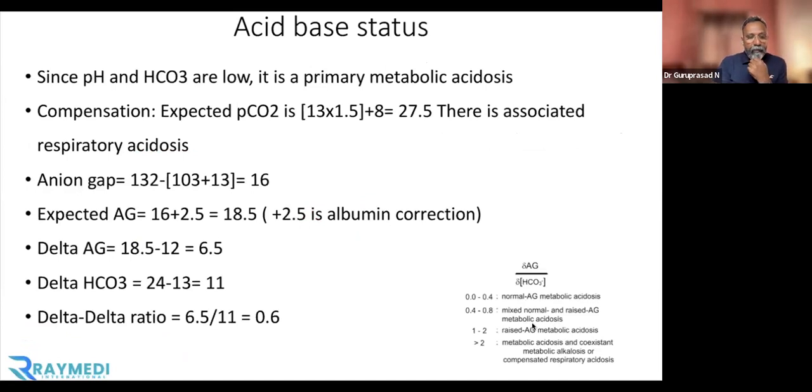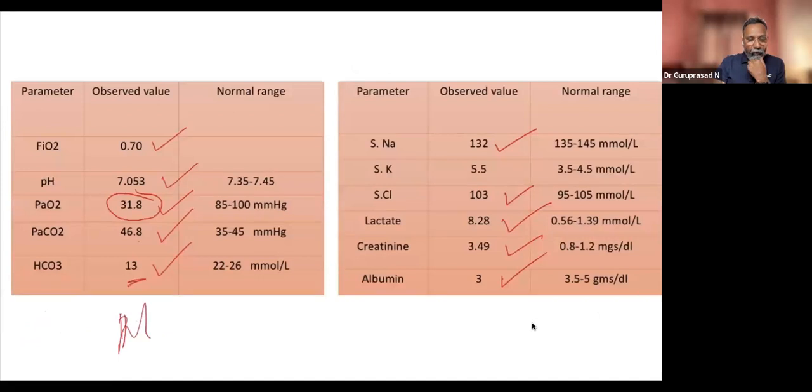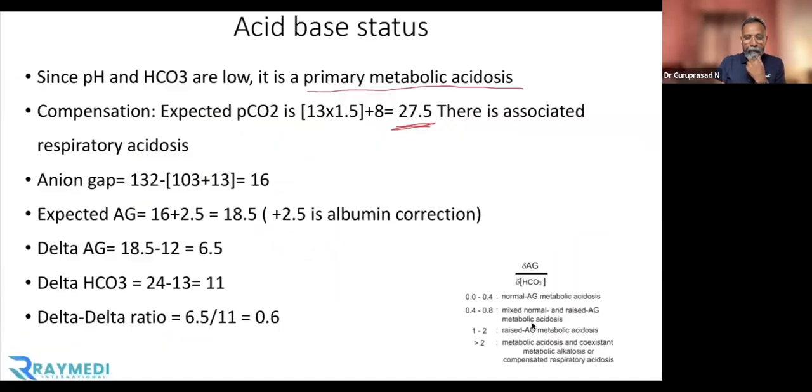Now the last step is the acid-base status. Since the pH and bicarb are low, it is a primary metabolic acidosis. If you do the Winter's formula, the expected PCO2 should have been 27.5, but the PCO2 which has come is 46. So there is an associated respiratory acidosis also. The anion gap is 16.